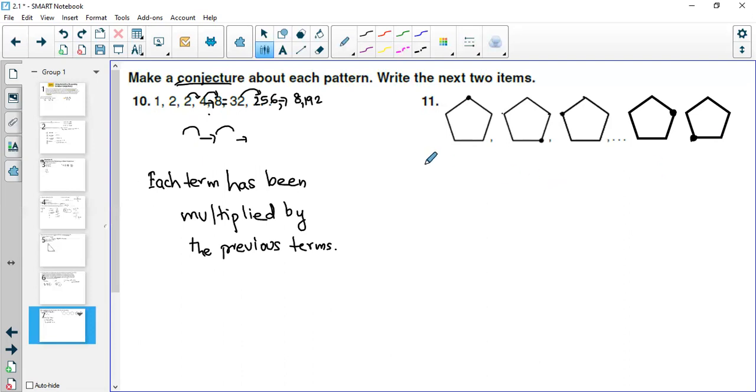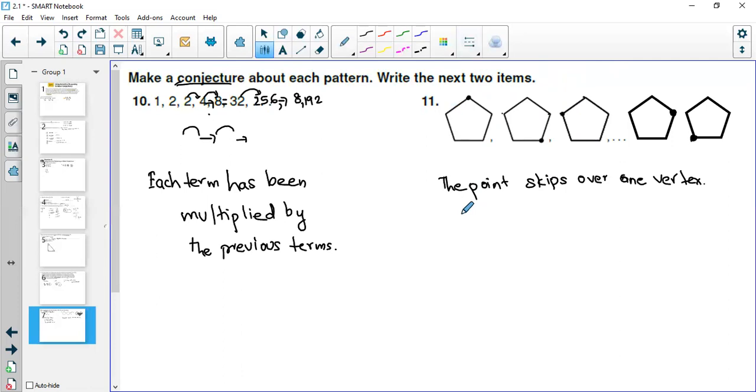So how are you going to write the conjecture? You could say that the point skips over one vertex. Or you could write it in your own words, but the idea needs to be the same. And you can see that it is going in a clockwise direction, not counterclockwise.